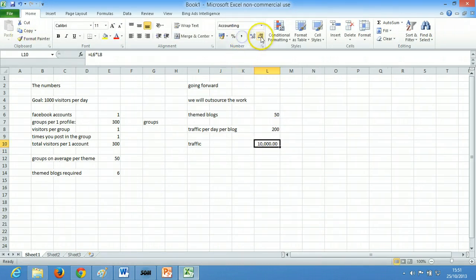My question to you is, do you think you can make money if you get 10,000 visitors a day? And this doesn't even count the fact that we're going to collect email addresses on our blog and keep marketing to these people. So this strategy is super simple, and it can be scaled to huge numbers.